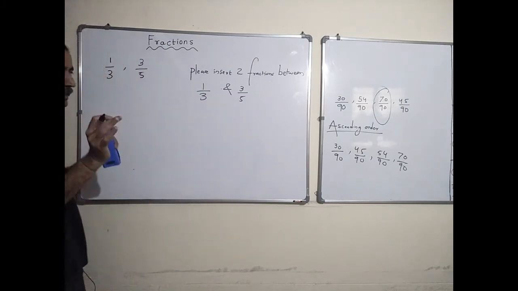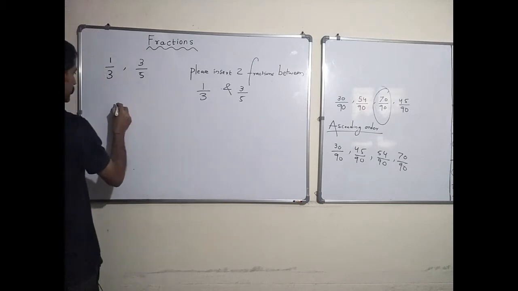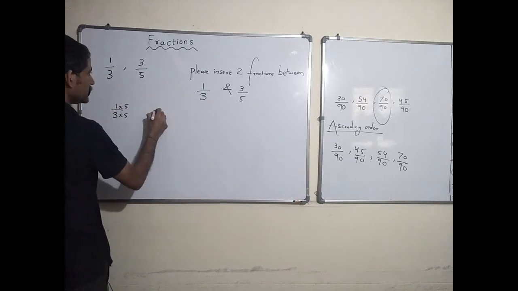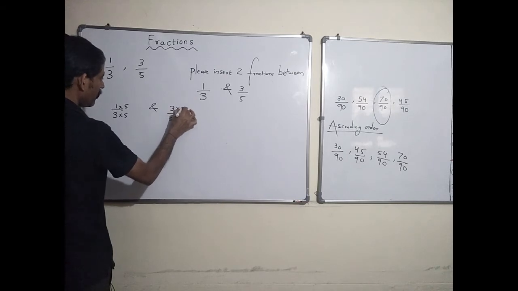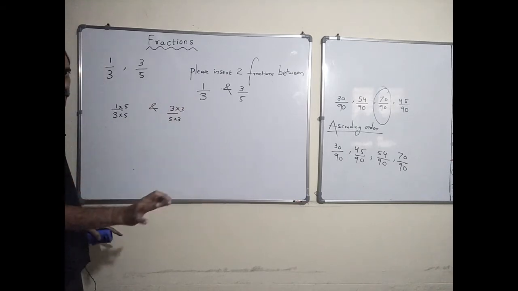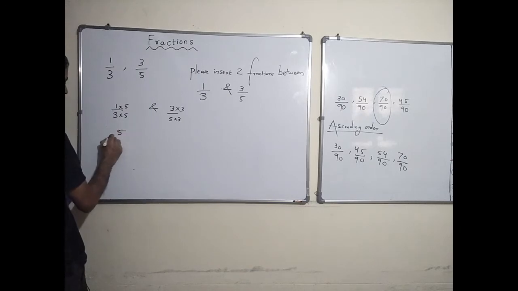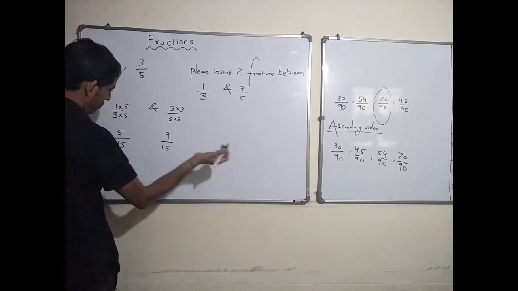Before doing anything, I will convert them into like fractions. So this becomes 1 into 5 by 3 into 5, and this becomes 3 into 3 by 5 into 3. The LCM of 3 and 5 is 15, you can go and check. So I have to find a fraction which is between 5 by 15 and 9 by 15. Correct?